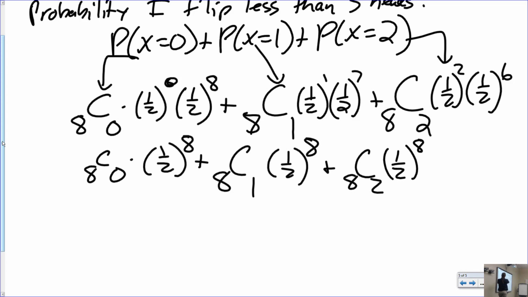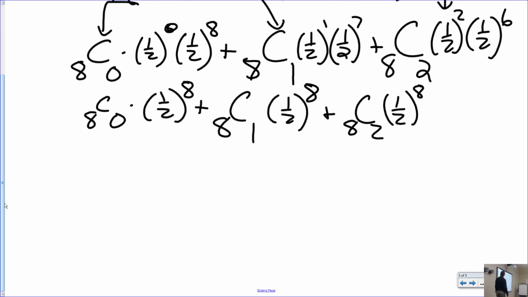Because now think of 1/2 to the 8th power as being x. You've got a number times x plus a number times x plus a number times x. All you have to do is add those numbers up and then multiply them by x once. So first off, what's the combination of 8 things taken 0 at a time?